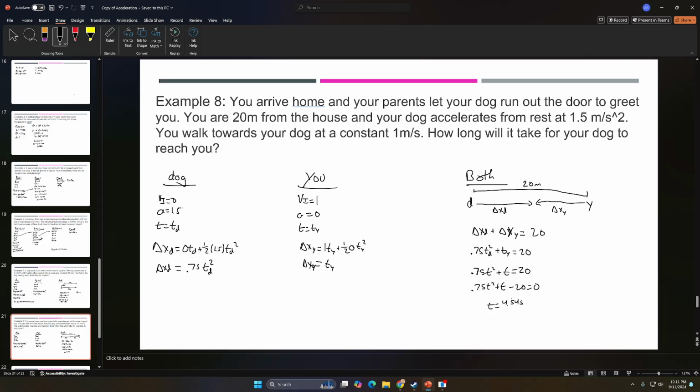So we got to this point here. I am asking you guys to try number 10 or number 11 on the WebAssign here. Those are the closest to these two problems.